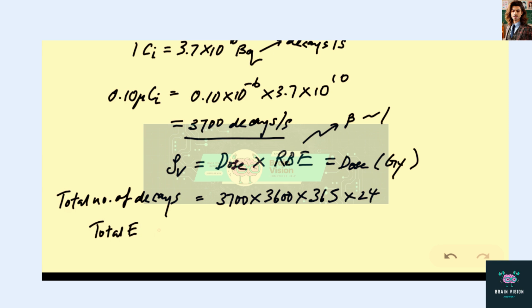The total energy that is being produced by all these decays, we are given that each beta particle has 1.4 MeV. So we take the total amount of decay multiplied by 1.4 MeV. Right, so this is actually 1.17 times 10 to the power 11.